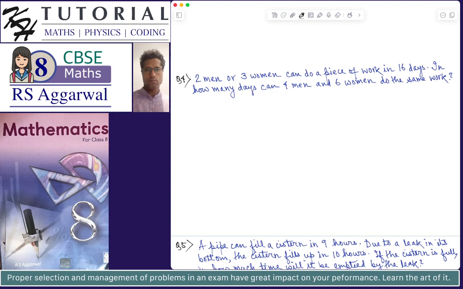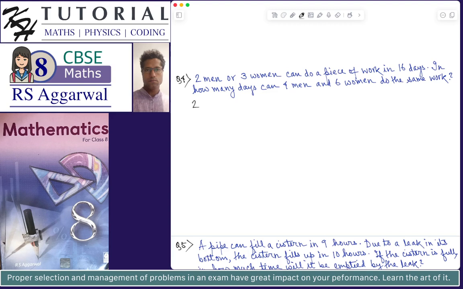Now for this we have to first find the amount of work done in 1 day by 4 men and 6 women. That is, we know that 2 men can do a piece of work in 60 days.